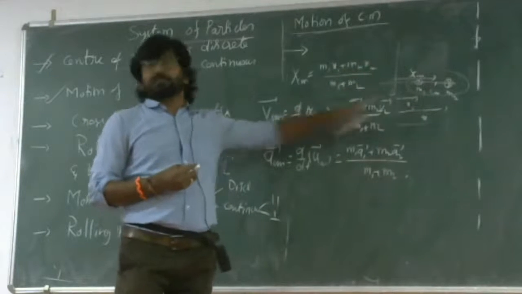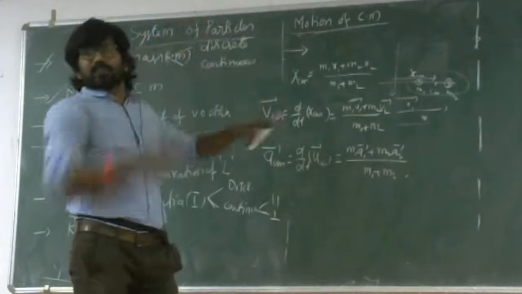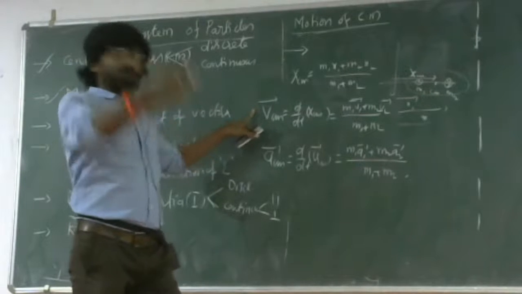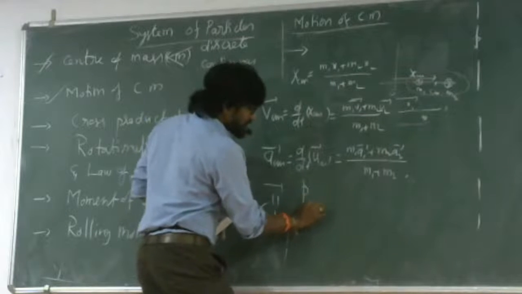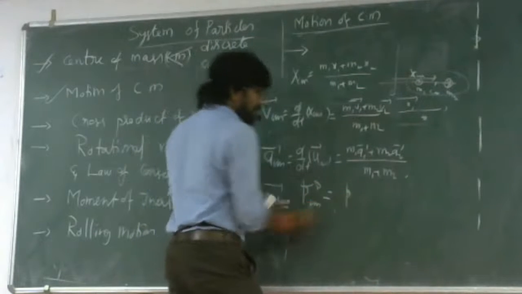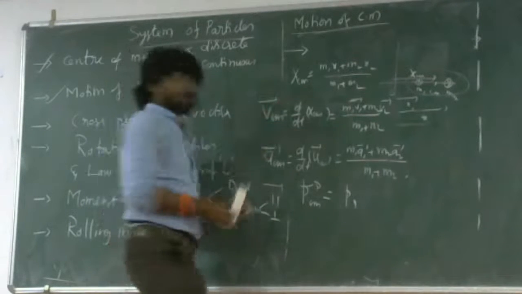From these expressions, we can write a few more parameters related to the motion of the center of mass. If the system is moving, the center of mass is moving with this velocity, so we can say the center of mass is moving with some momentum also. The momentum of the center of mass, PCM, is simply the momentum of every individual particle, P1.